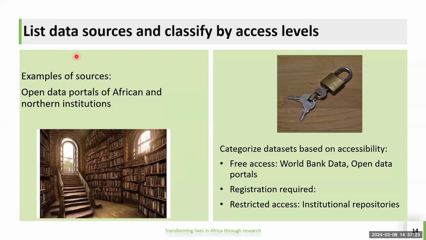Again, just to say, listing and classifying. So open data portals, examples of sources, open data portals of African and Northern institutions. The other thing to point out here is that a repository might not be within the African region, might be elsewhere, in the UK or the US or wherever else, but it's an institutional repository for an international university that does work in our region.